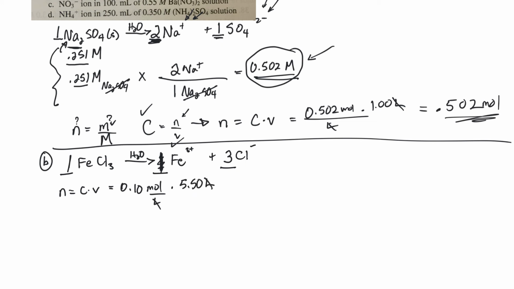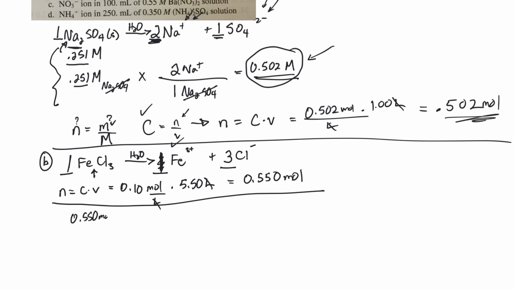So the liters cancel. When I multiply this, I get 0.550 moles. So that's how many moles of iron chloride I have. I'm going to write it right below there: 0.550 moles of iron 3 chloride.